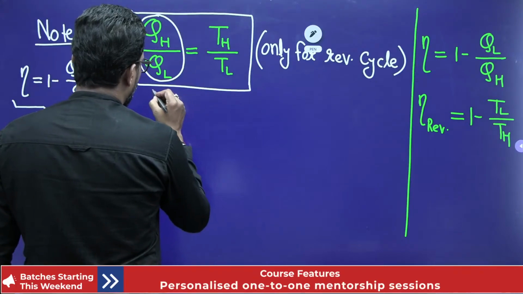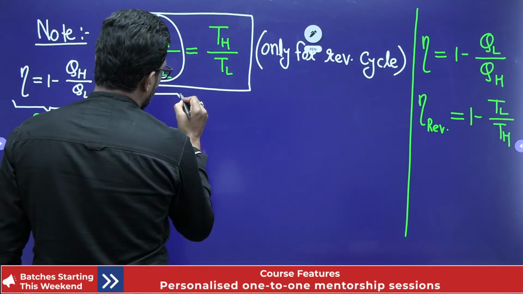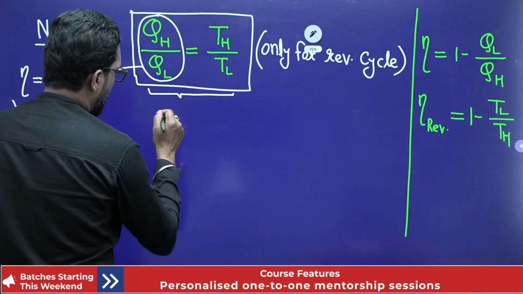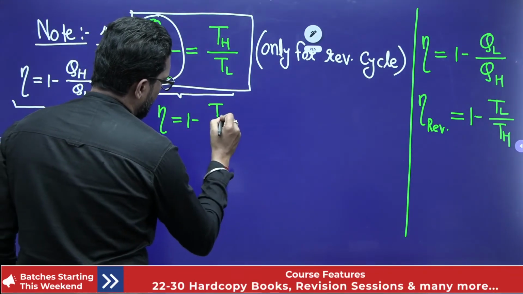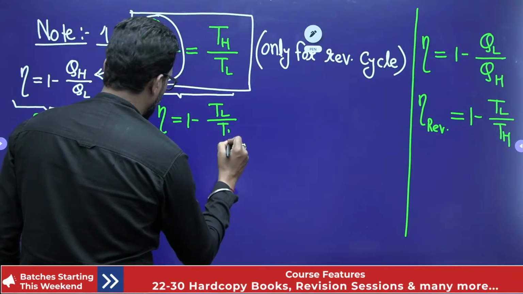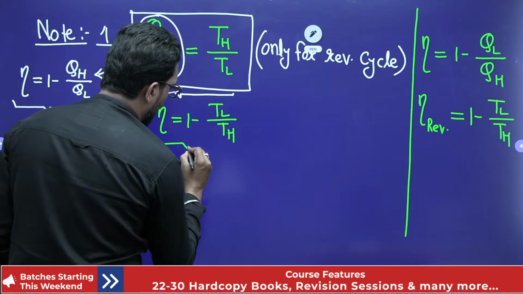But if you write this one, efficiency is equal to 1 minus TL by TH, this is only for a reversible cycle.